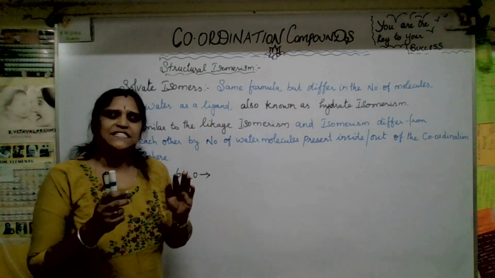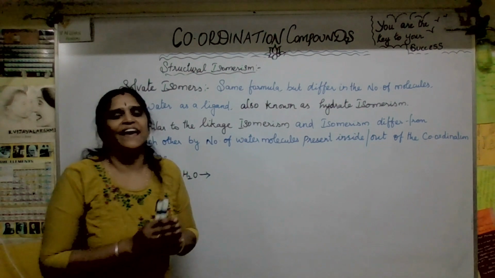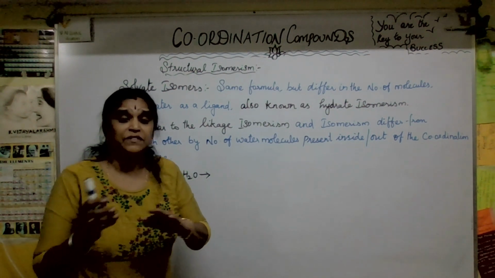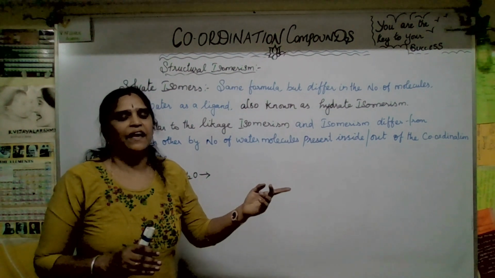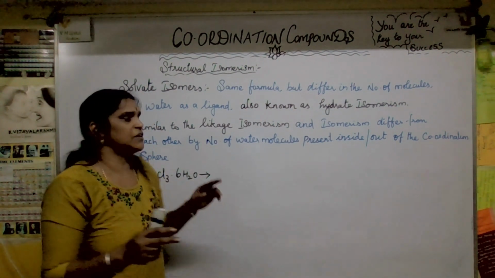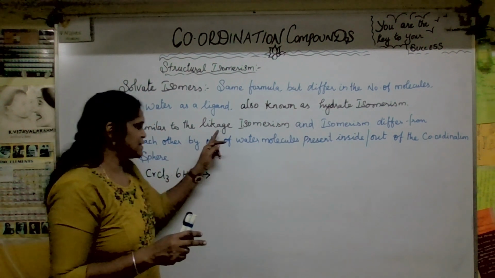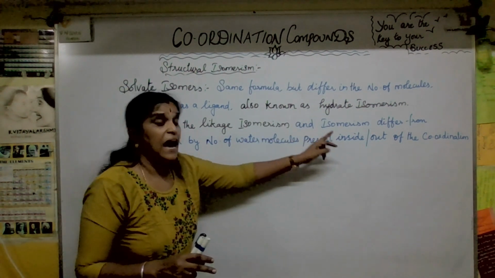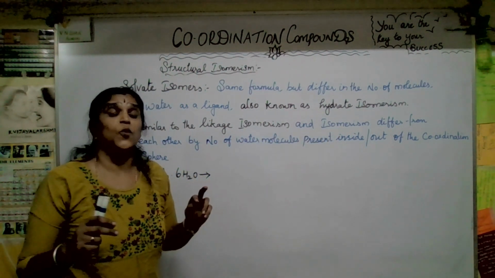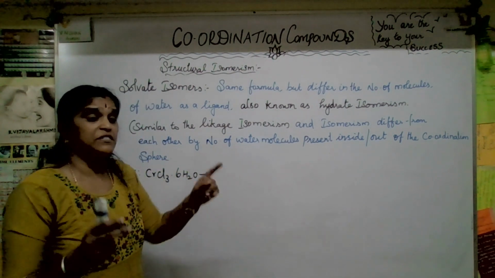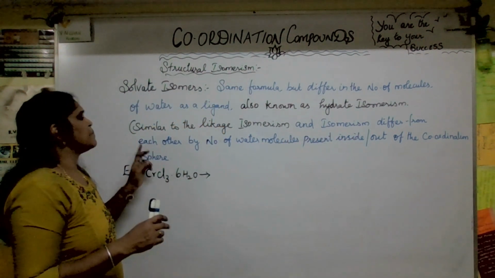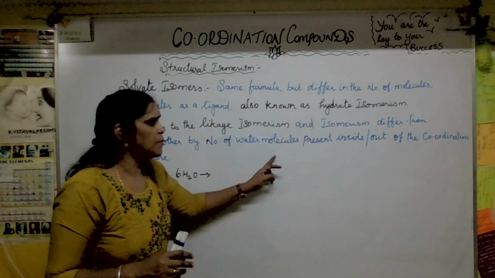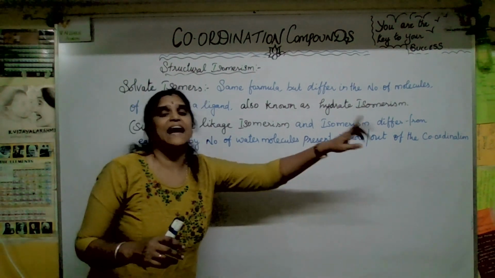This is actually similar to linkage isomerism, where it is about what is attached to the central metal ion, and also similar to ionization isomerism, exchange inside and outside. These isomers differ from each other by the number of water molecules present inside and outside of the coordination sphere.